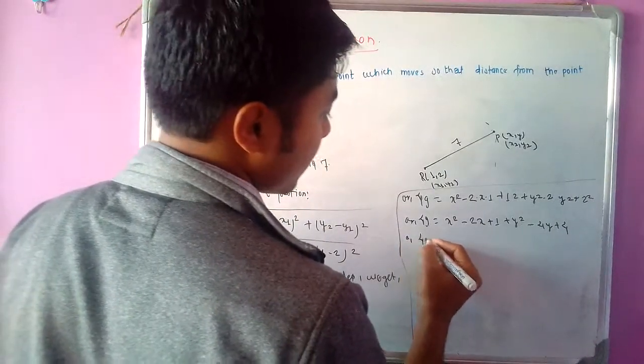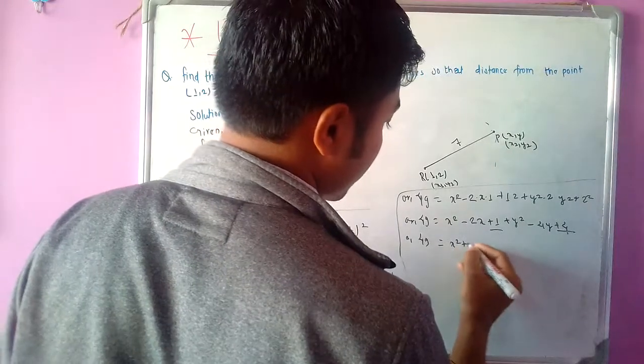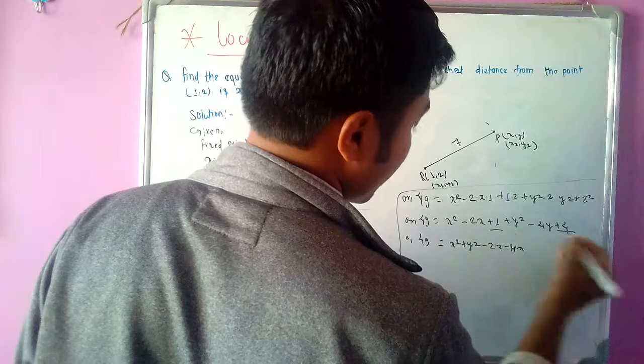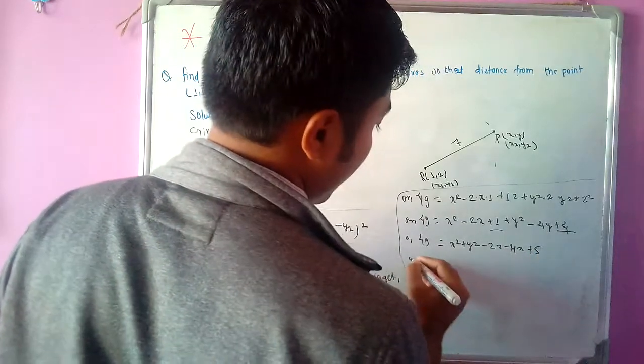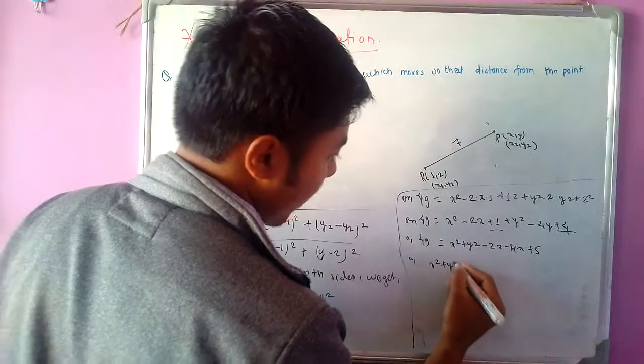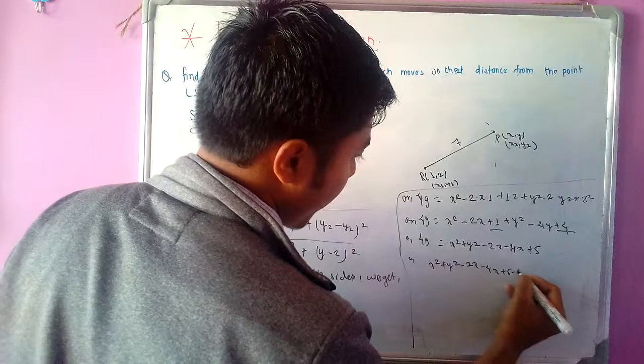So 49 equals x square plus y square minus 2x minus 4y plus 1 plus 4, which is plus 5. We can write x square plus y square minus 2x minus 4y plus 5 minus 49.